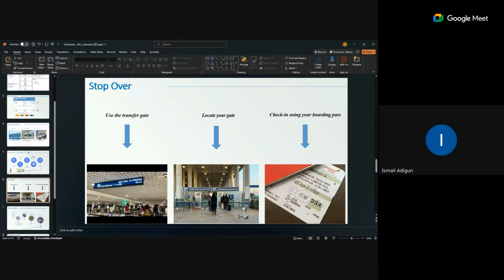You can see here, a lot of people, and from here there are people going to maybe Saudi Arabia, or some other countries. So it's very important to know your gate coming to Korea. Know your gate. It's on the ticket. Locate it. If you don't know, ask questions. It's very important. Locate your gate and board to Korea. I don't know if I've answered your question.